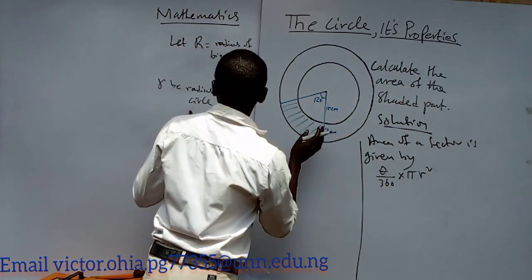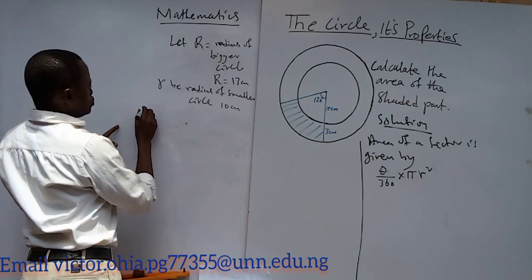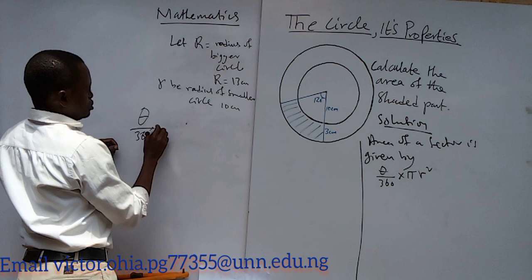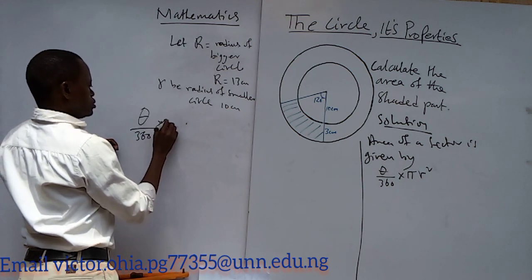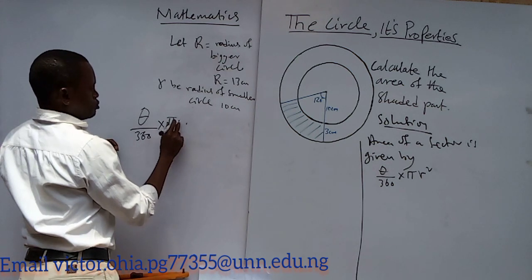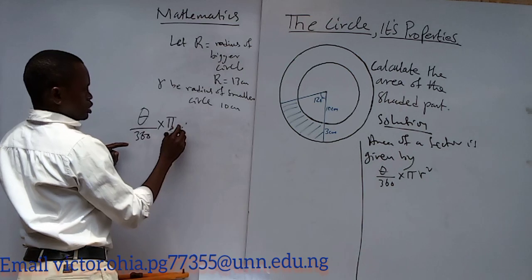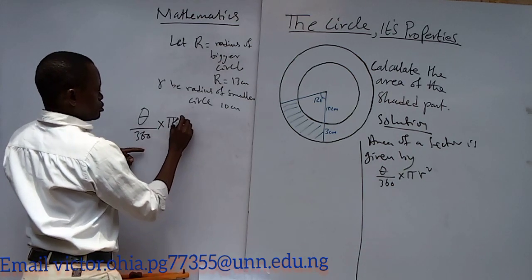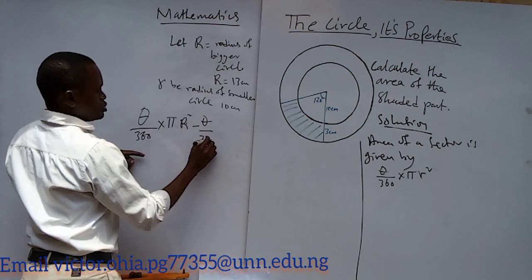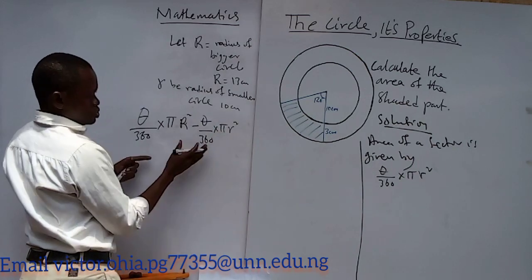So alternatively, you can use theta over 360 times pi, and you know there is going to be a subtraction. This will be theta over 360 times pi capital R squared minus theta over 360 times pi small r squared. You see what is going on here?